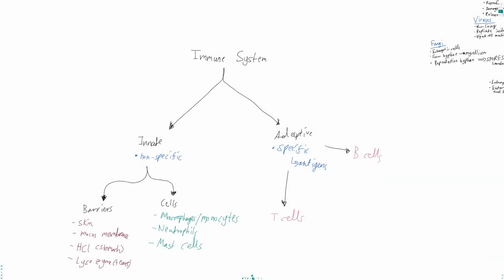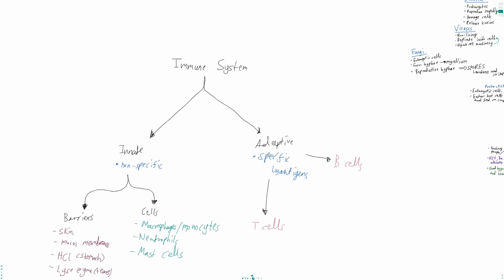The adaptive immune system is very specific, and it's specific to that particular pathogen because it's specific to a single antigen, and an antigen is a molecule that can be found on the pathogen. Each individual type of pathogen has its own unique antigen.